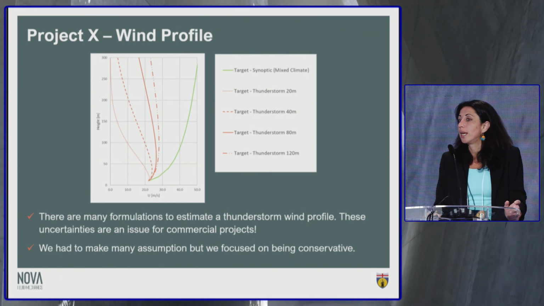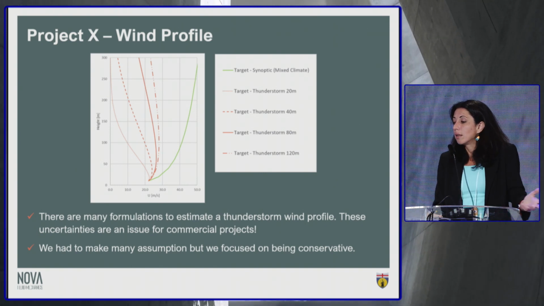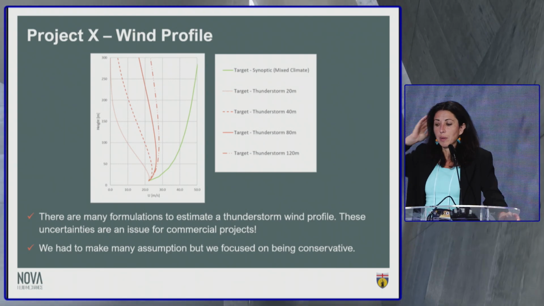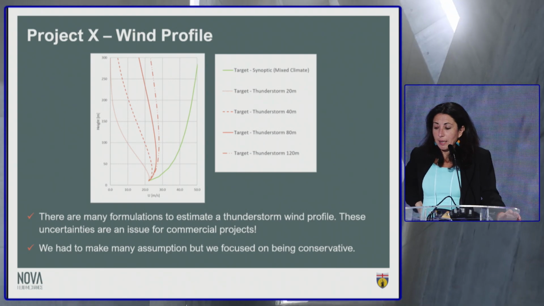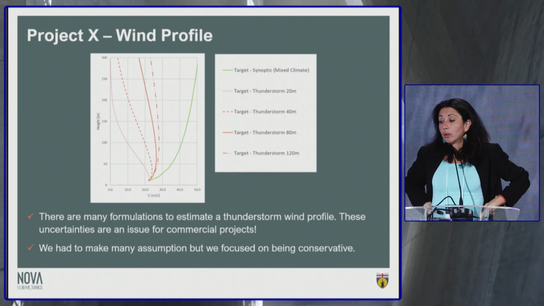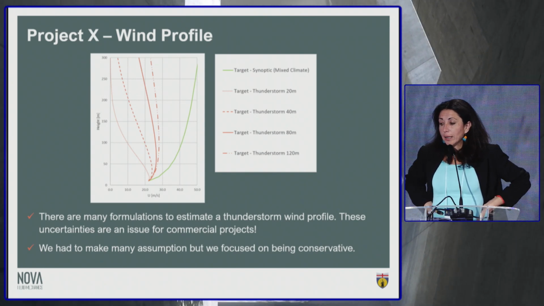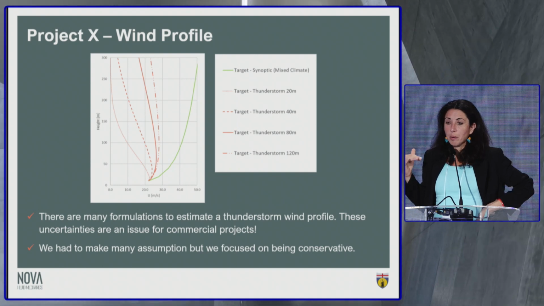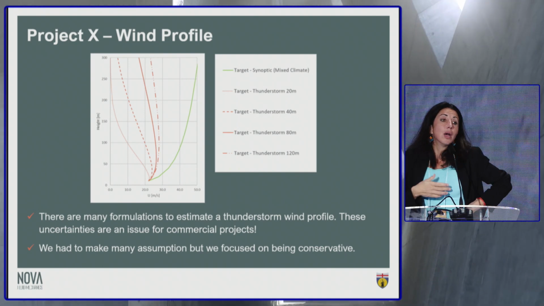There is a lot of variation. Unfortunately, this is the state in which the thunderstorm research is at the moment. There is uncertainty over how the profile looks like, and most importantly, where is the height of this maximum. Obviously, the height of this maxima will vary.